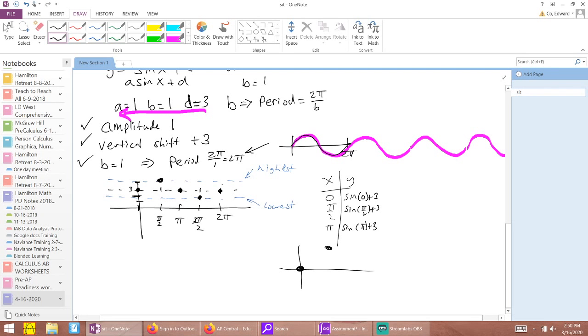And you can see the framework for the graph. We'll go up and down. And of course, this graph keeps on going.